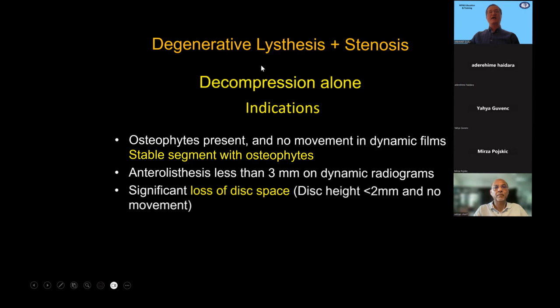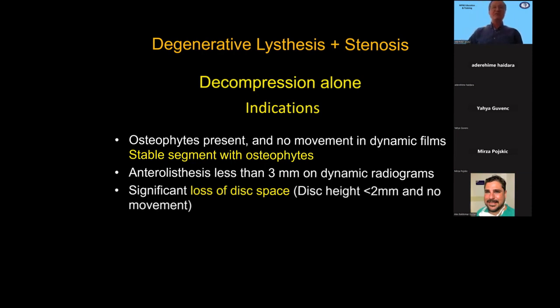When is a decompression alone surgery possible? In case there are osteophytes already and no movement in dynamic films, a so-called stable segment with osteophytes, or stable degenerative listhesis, we can apply decompression alone.